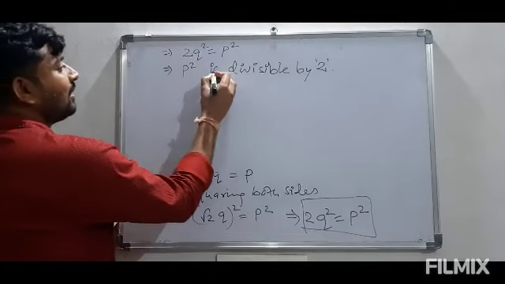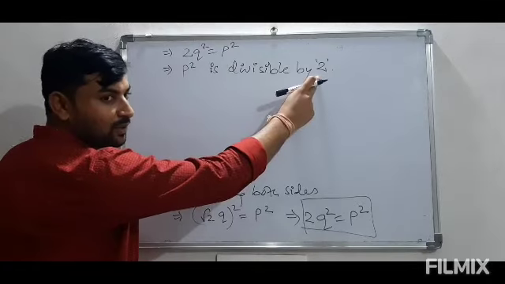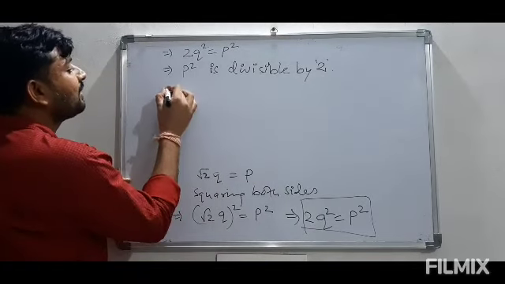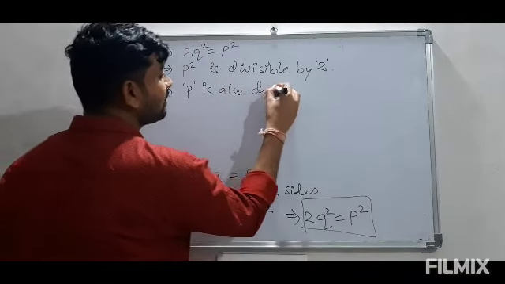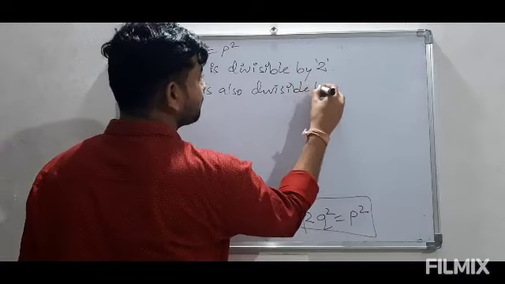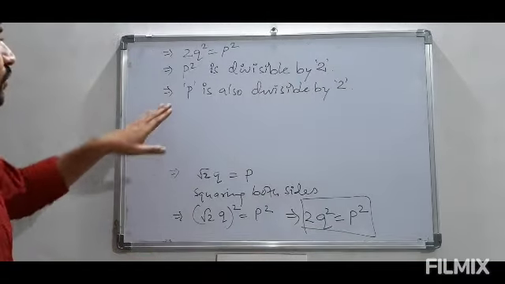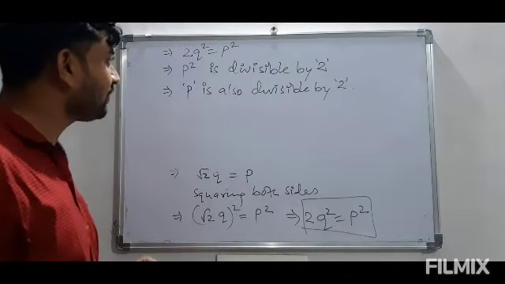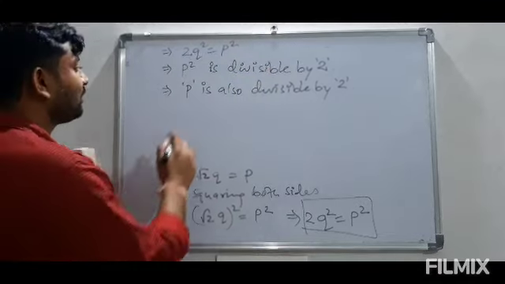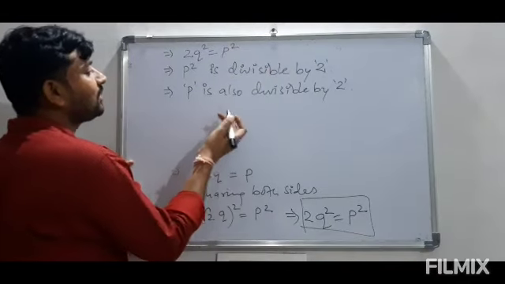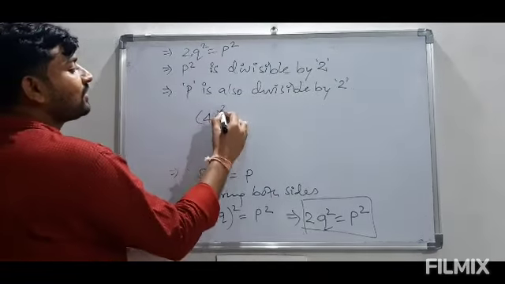Now if the square of any number is divisible by 2, then we may write p is also divisible by 2. If p square is divisible by 2, then surely p is also divisible by 2. For example, if p is 4, square of 4 is 16.